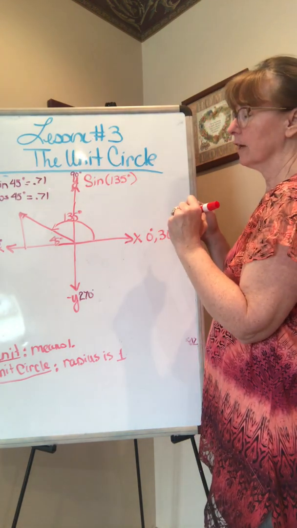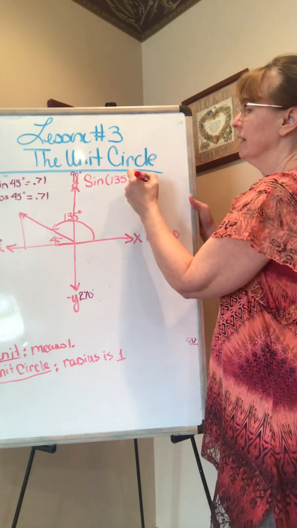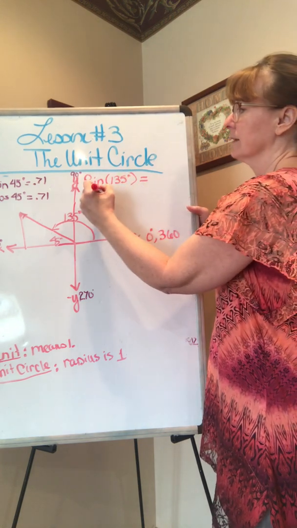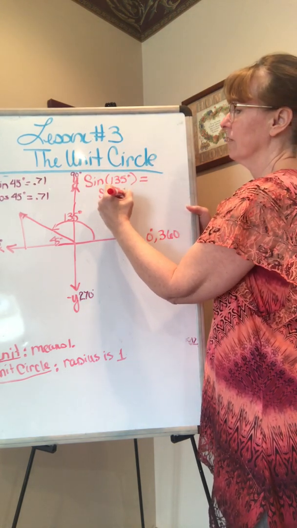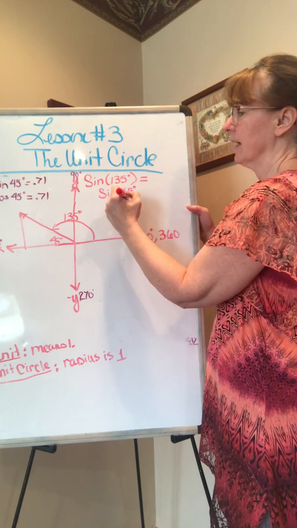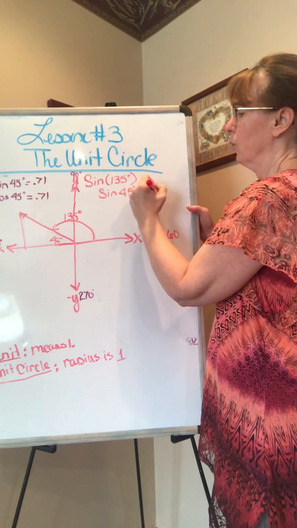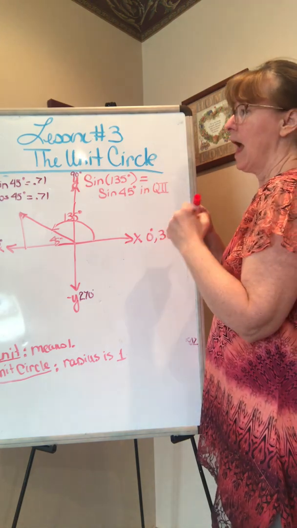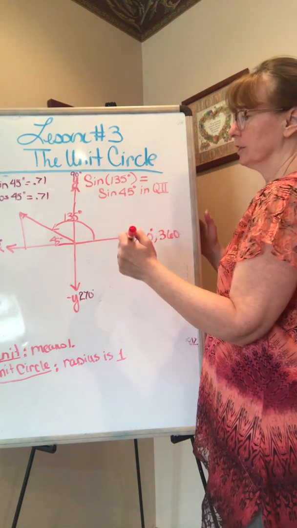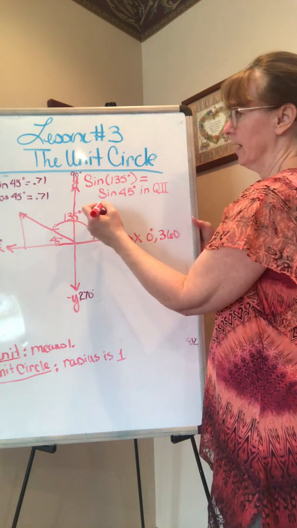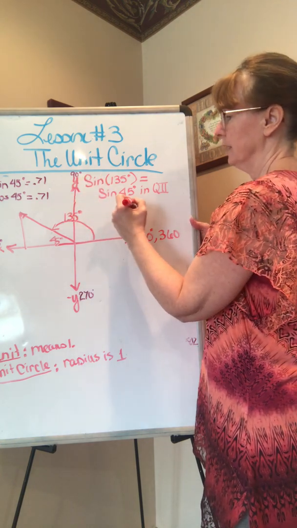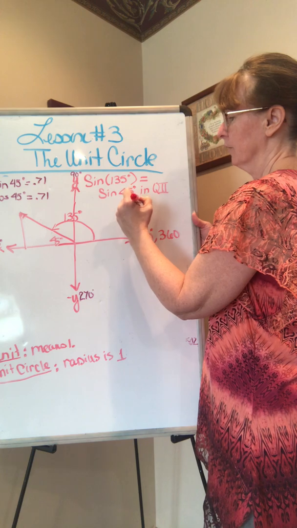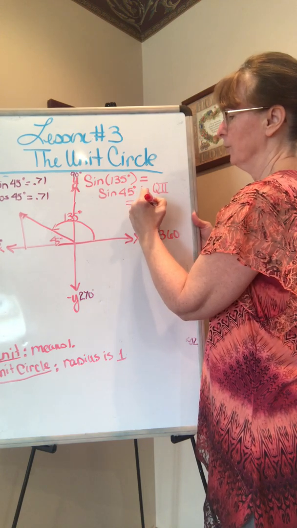The sine of 135 degrees is equal to the sine of the 45-degree reference angle in quadrant 2. And the decimal version of the sine of 45 degrees would be roughly 0.71.